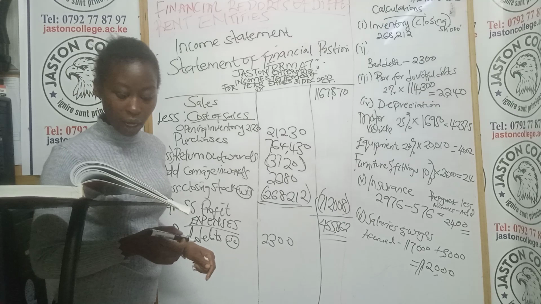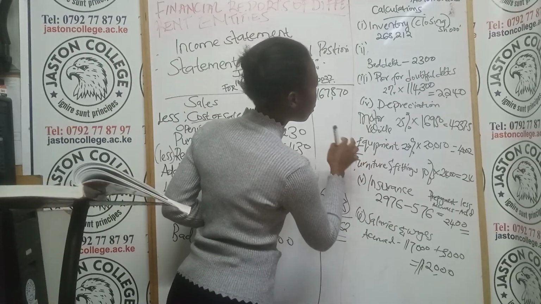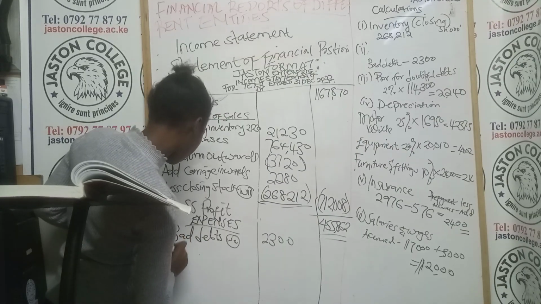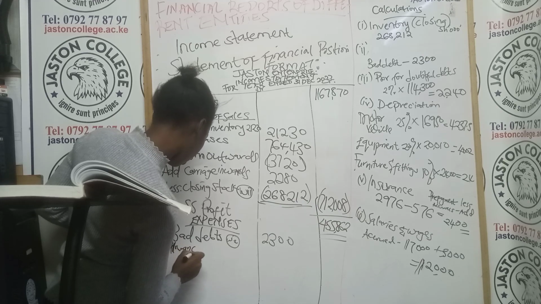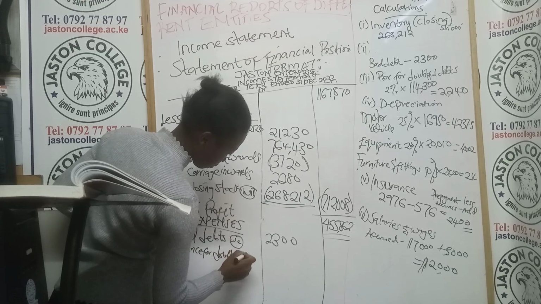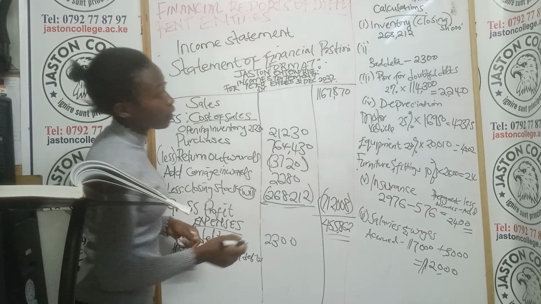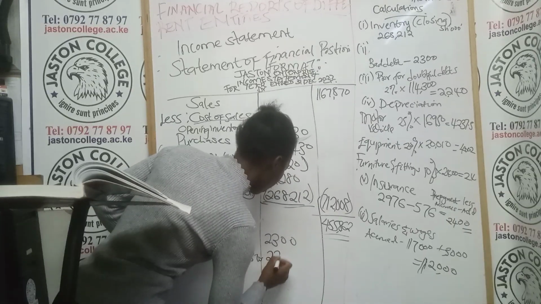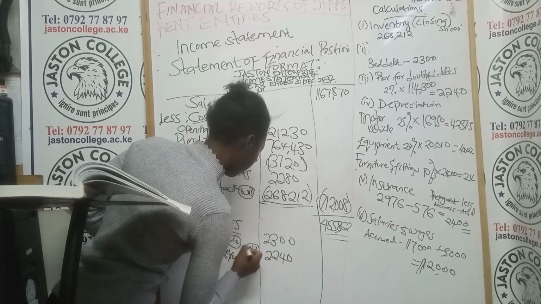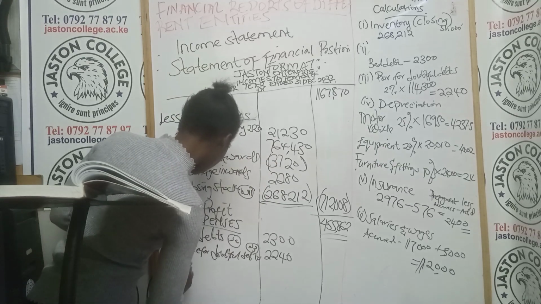Then we also have our allowance for doubtful debts, working number 3, which is 2240 over here.